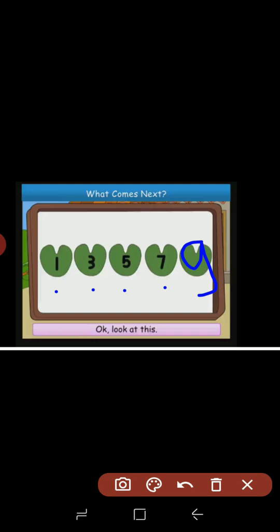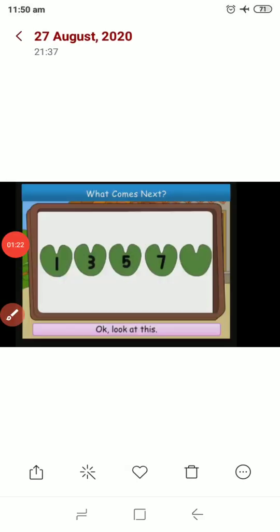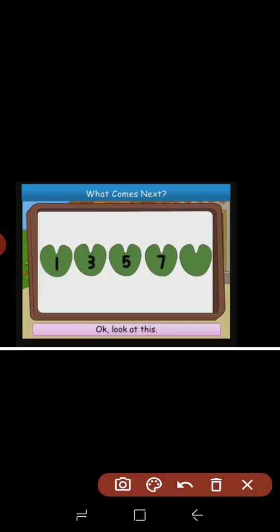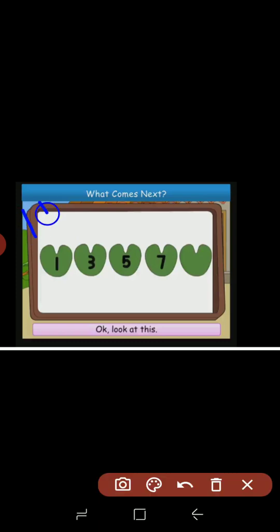How did 9 come? So what do we have to do? We have to just add 2 here. That means 1 plus 2 becomes 3.